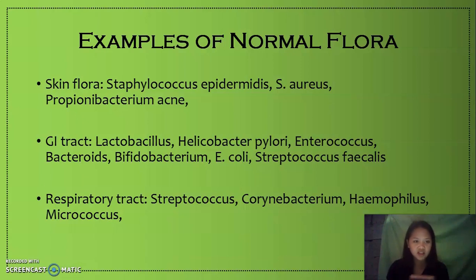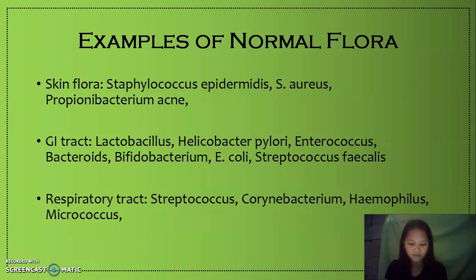The most common examples of skin flora are Staphylococcus epidermidis and Staphylococcus aureus, and Propionibacterium acnes. We also have in the gut, the most common normal flora is Lactobacillus, and others. In the respiratory tract, the most common is Streptococcus.